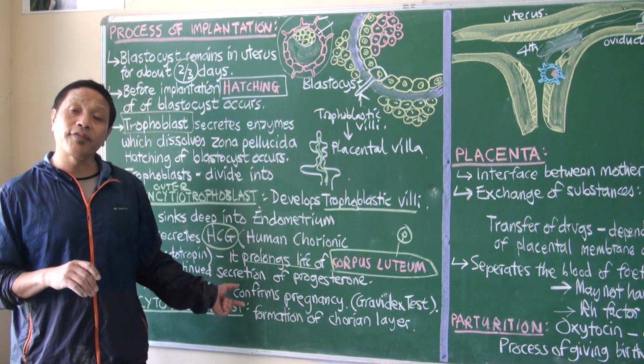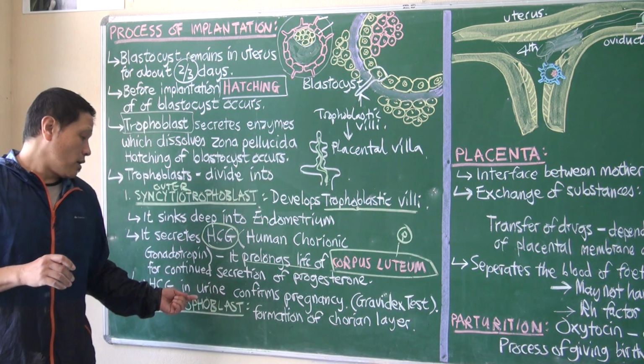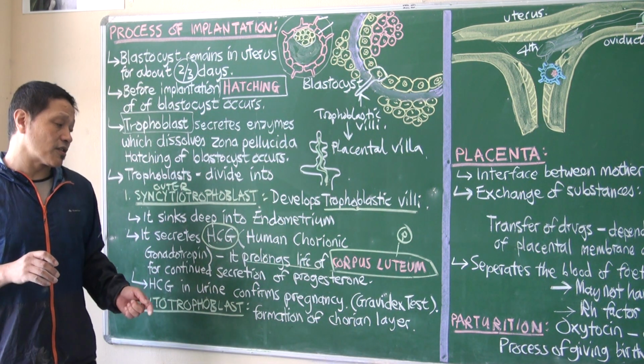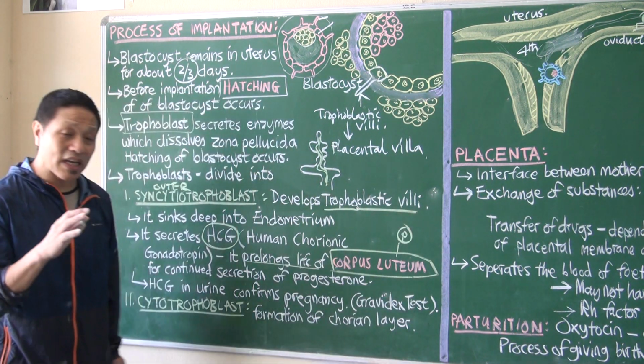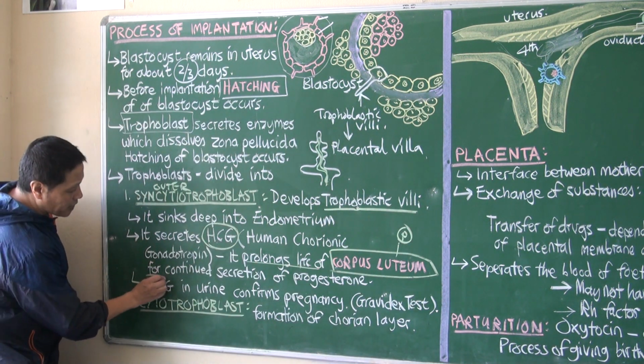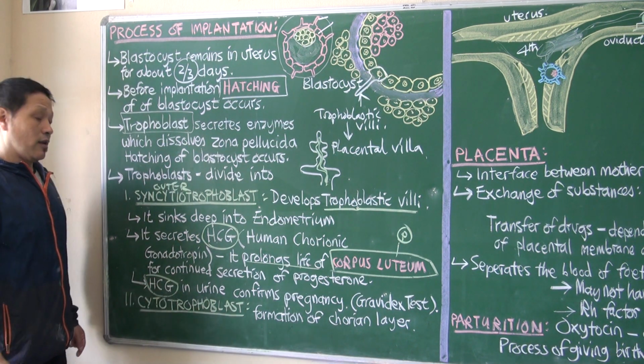Therefore, to confirm pregnancy, a simple urine test is done. This is called the Gravidex test, which tests the presence of HCG in urine.